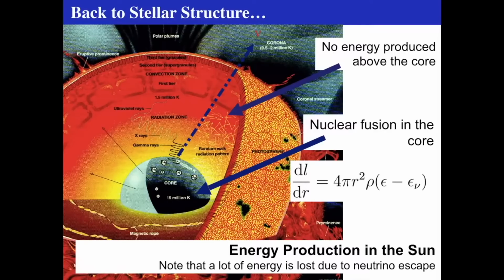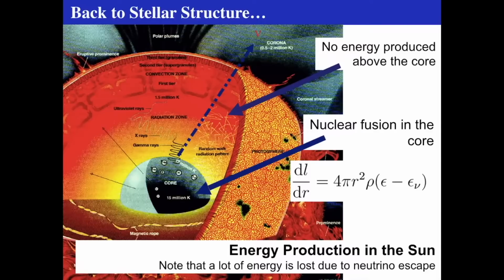So nuclear fusion may be occurring in the core of the sun, and that little equation there is the rate of luminosity, dL/dr. dL is a tiny amount of luminosity at a small radius, dr, and that's equal to, if you think of a shell centered on the sun, 4 pi r squared, times rho, the density, times epsilon, which is E minus E nu, where E is the energy produced in light, and then E sub nu is the energy produced in neutrinos.